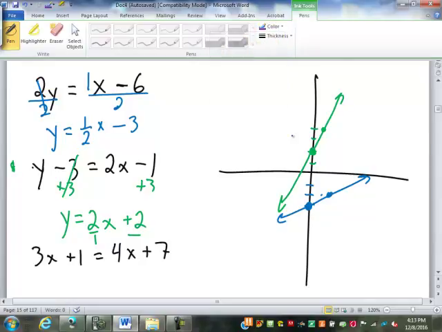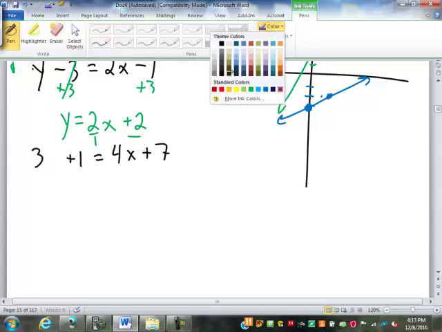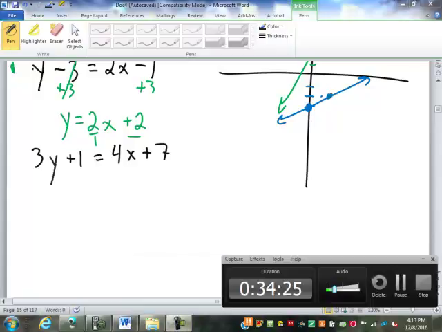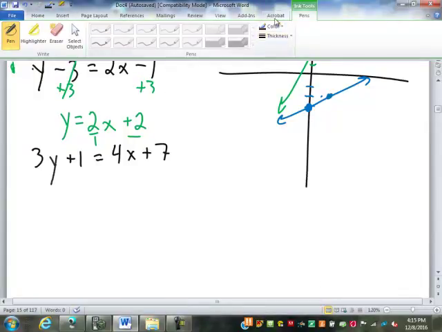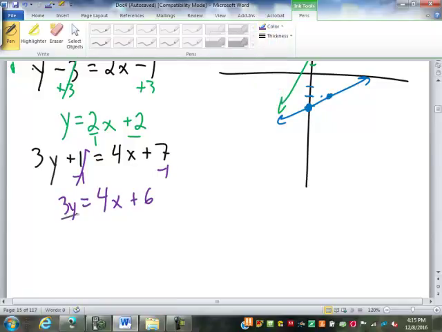And finally, the bottom one. What do we do there first? Just like solving, oops, that would make sense if I put the right variable there. Does that help? I'm going to give you a minute to try that one over. Sorry about that. So what do we do first? Subtract 1. So 3y equals 4x plus 6, and then divide by 3.